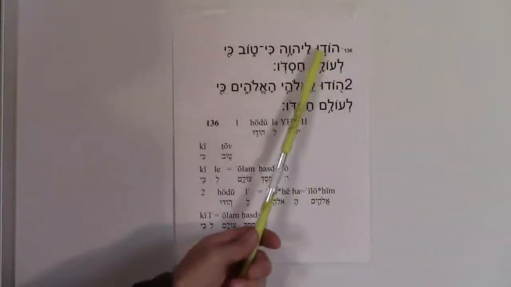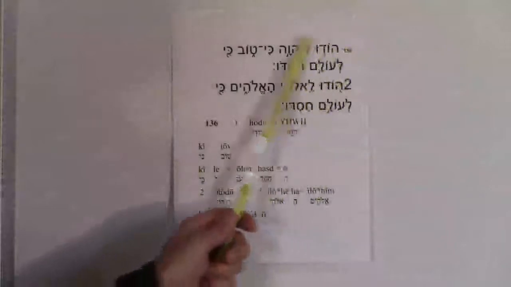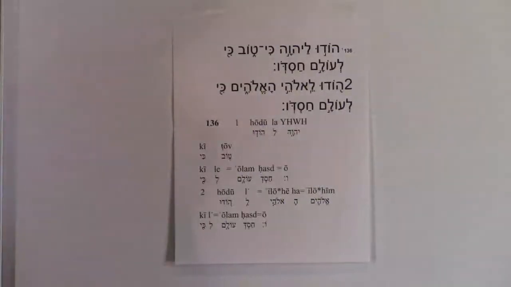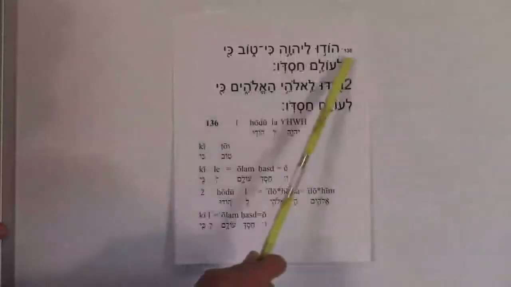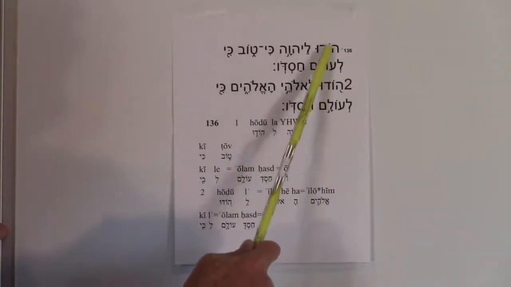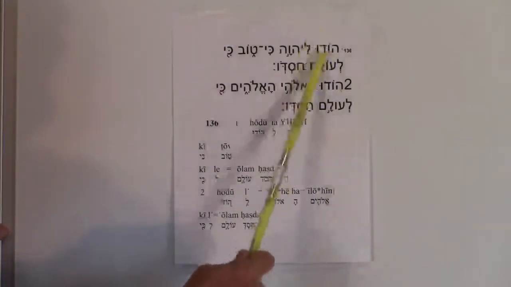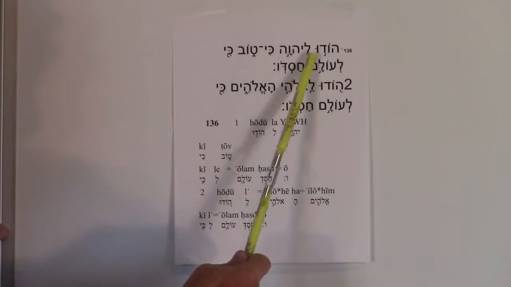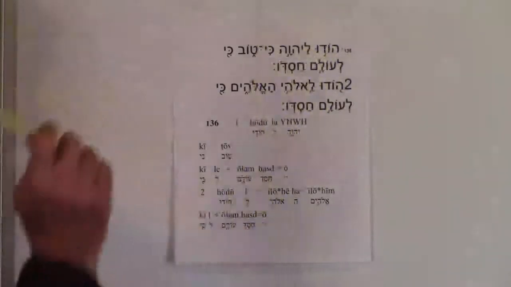So the bottom line is there are a couple of things I want to say about these first two words. Number one, I expect that everyone is able to say that this is H-O, because you recognize this is a Holam Vav, Dalet, Shuruk, and you recognize that that is a U. So I expect that everybody goes H-O-D-U right off the bat.